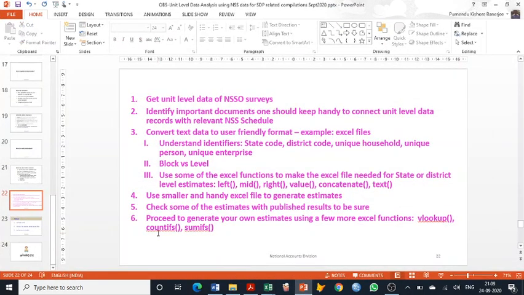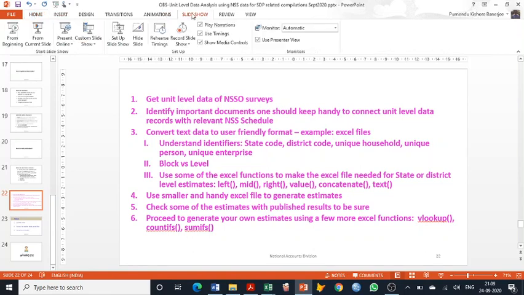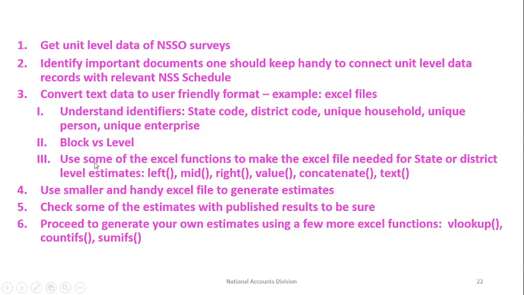So a small recap, these are the different functions which we have used. For preparing the file, we would require these functions: left, mid, right, value, concatenate, and text. 6 functions.